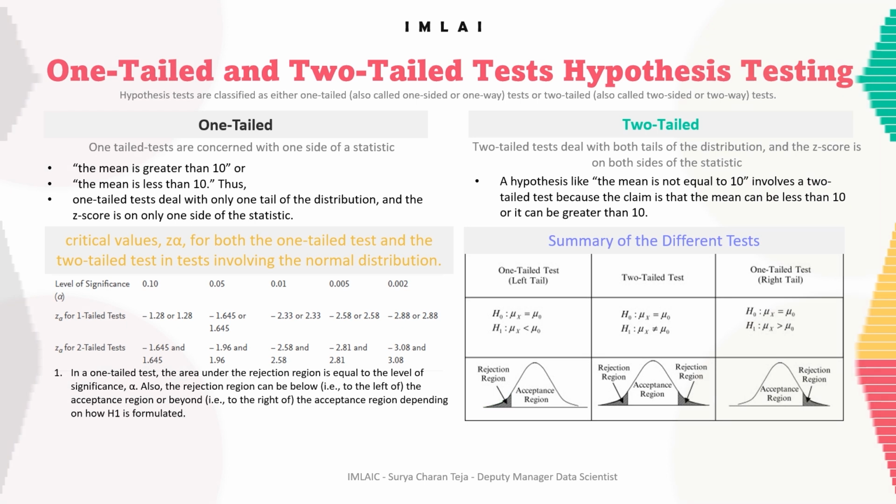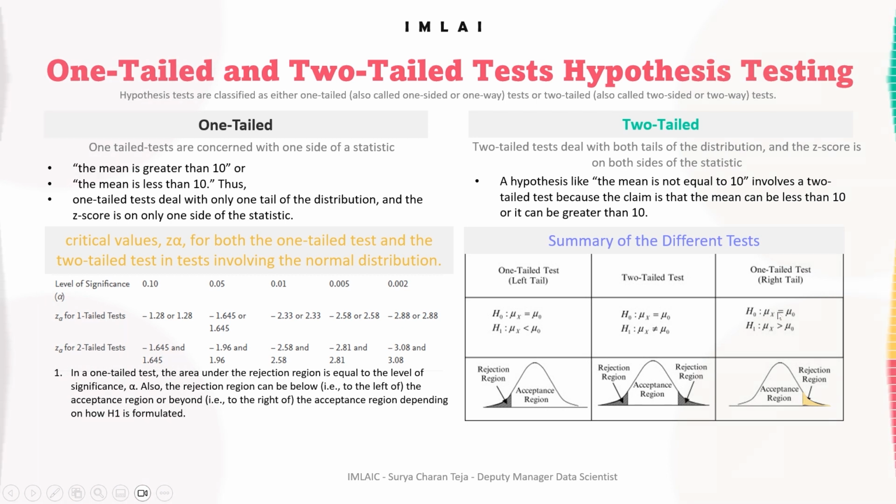Then on the other side, when the rejection region is above the acceptance region, or right side of the acceptance region, we say that it's a right tail test. Here you can see right tail test, same example. Let's take the life of the light bulb, and null hypothesis, it's equal to 2 months.